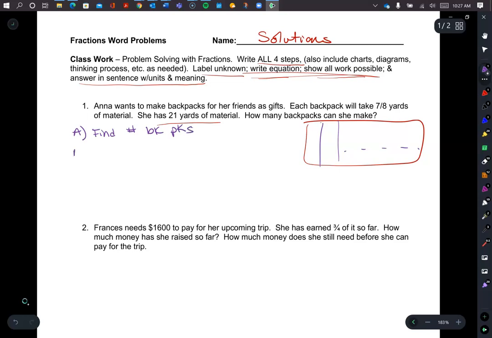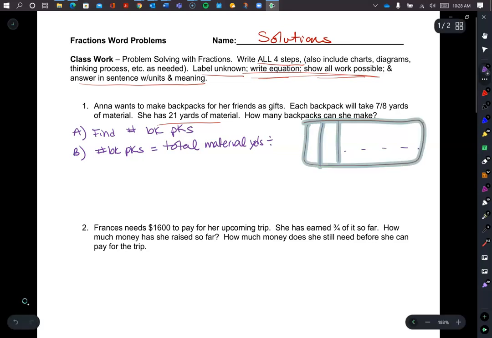And then we're going to write a little phrase here: number of backpacks would equal the total material yards divided by the yards per bag.